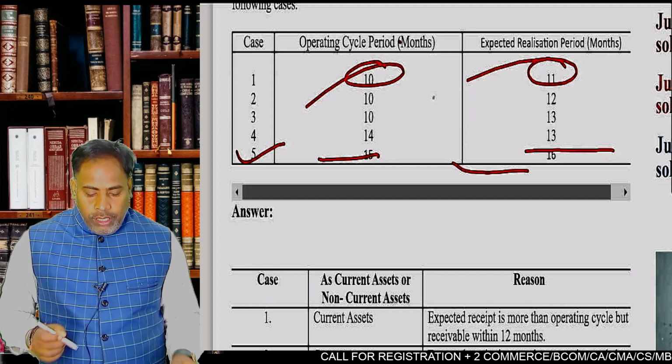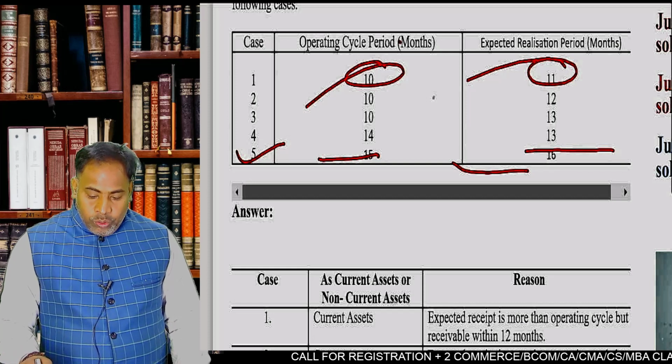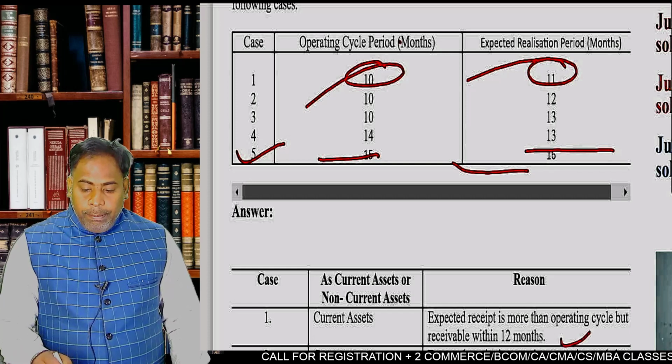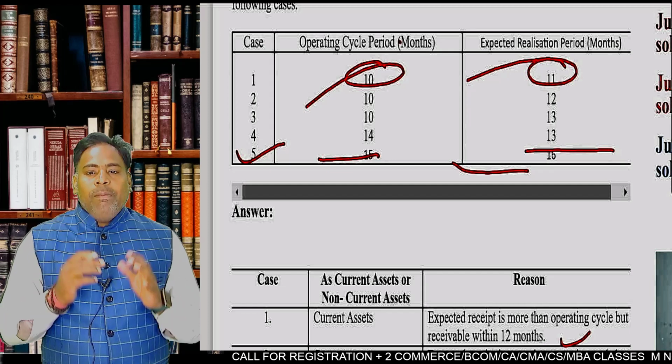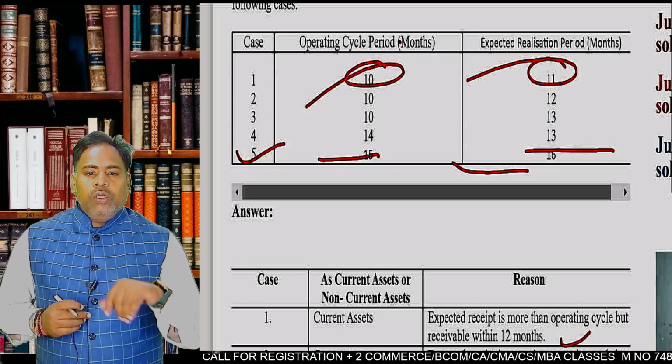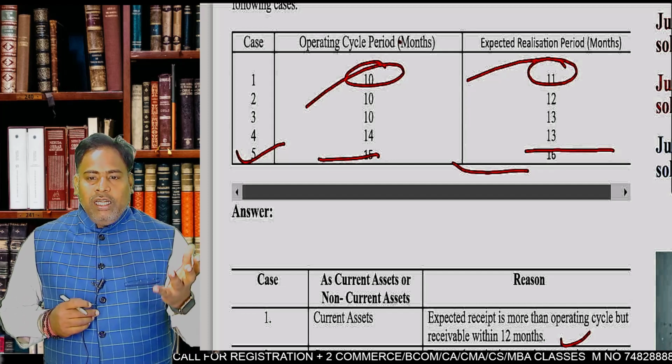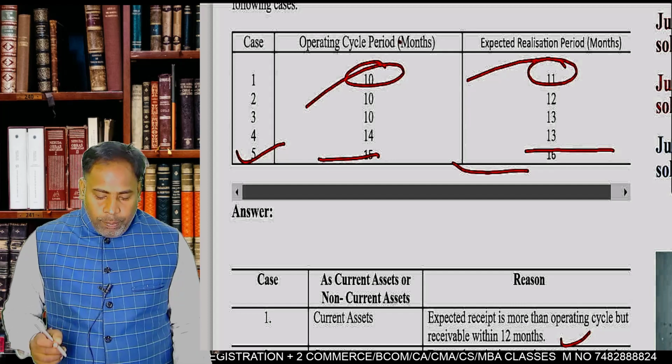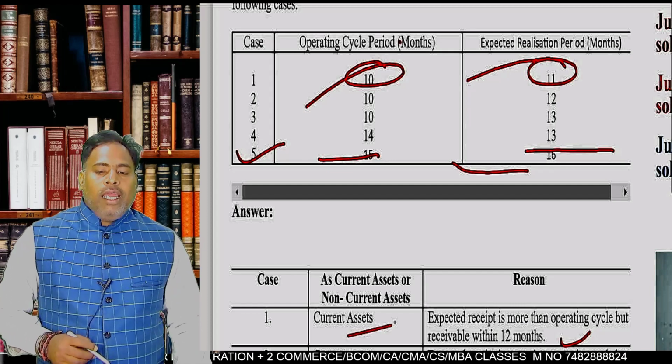Realization will be within 11 months, which is covered within the 12 months. So it is a current asset.